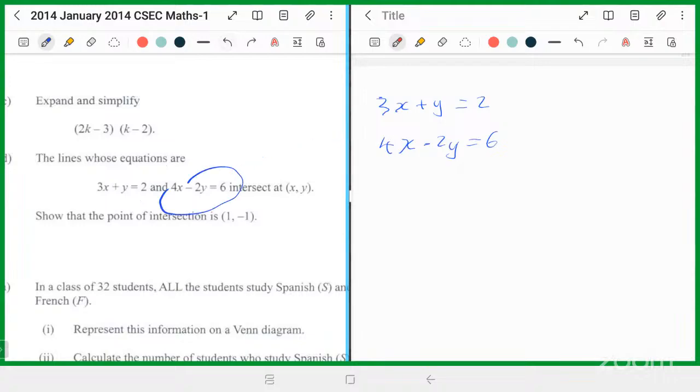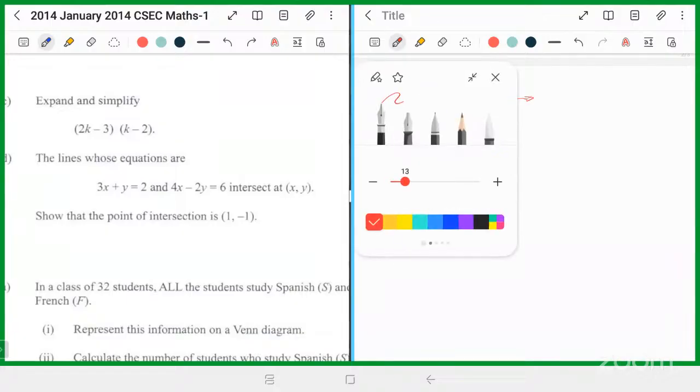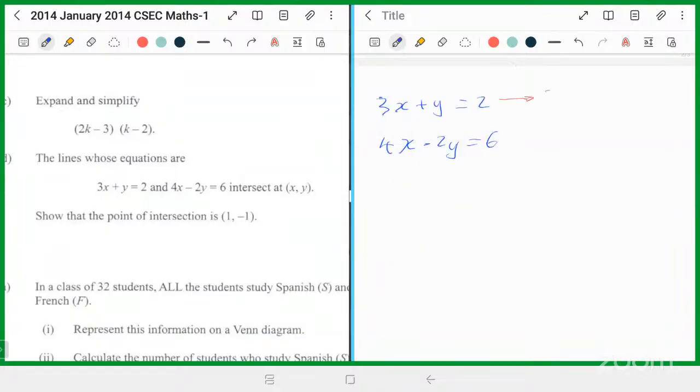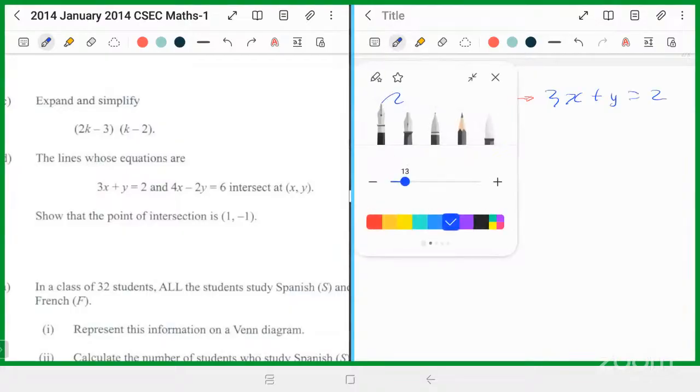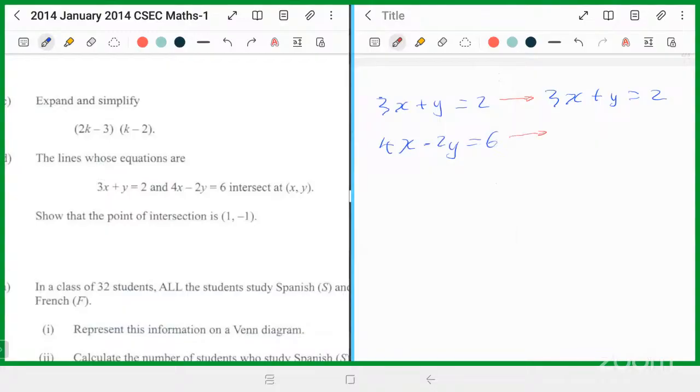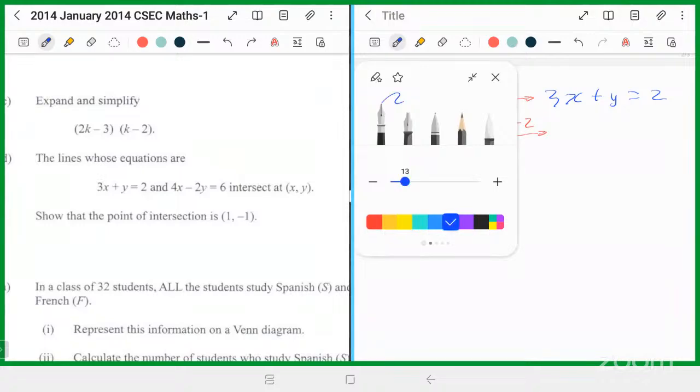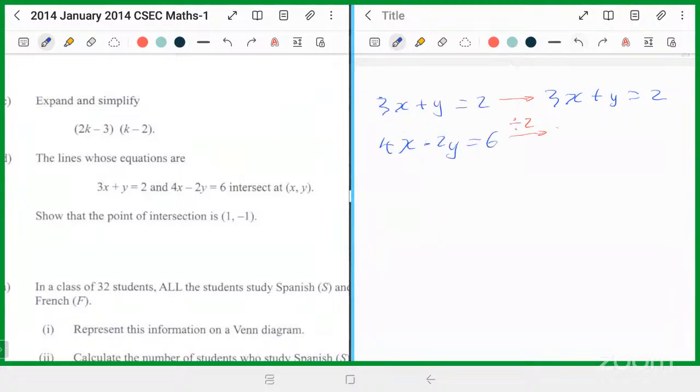And this one can be divided through by a 2, as these are all multiples of 2. So this equation stays as it is, not changing anything on it. 3x plus y equals 2. For this one, I'm going to simplify it and divide by 2. This becomes 2x, this becomes minus y, this becomes 3.